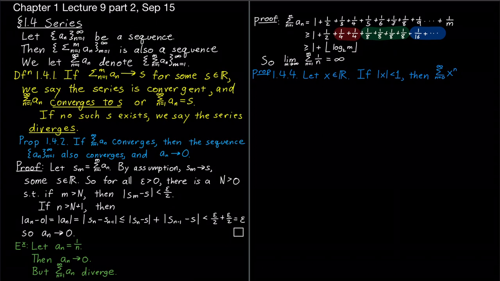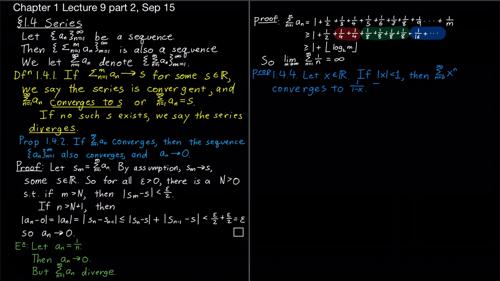Then this series converges to, and I can even tell you what it converges to. It converges to 1 over 1 minus x.